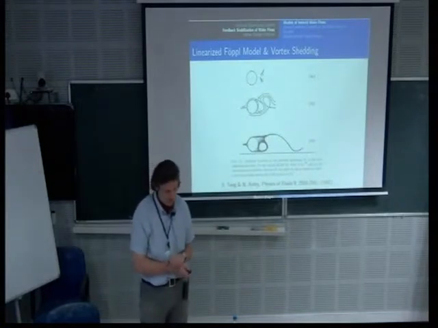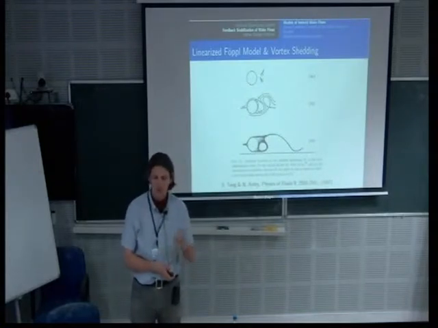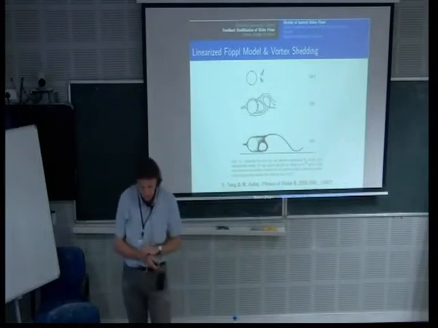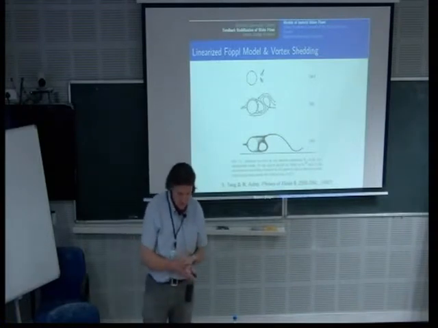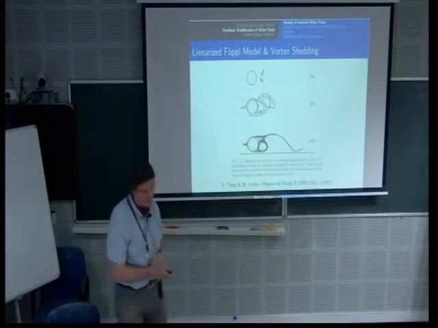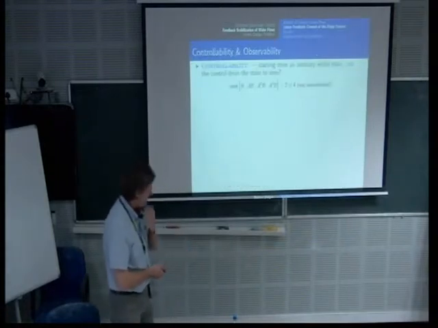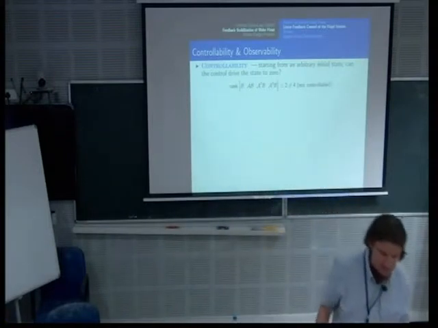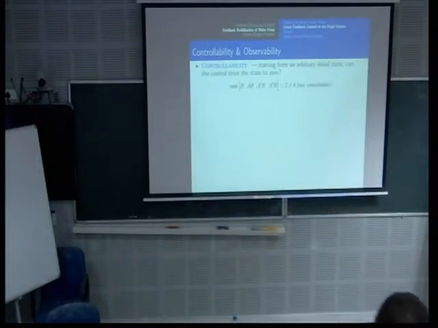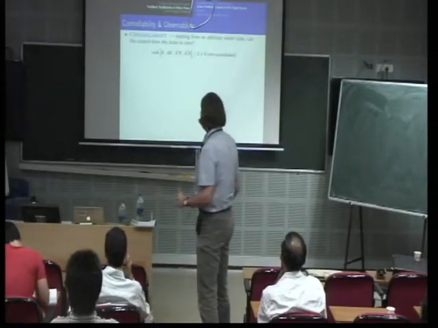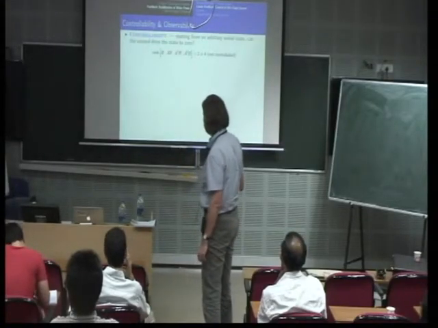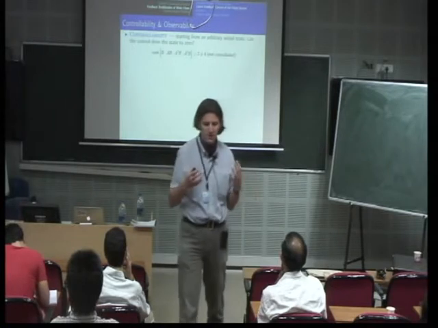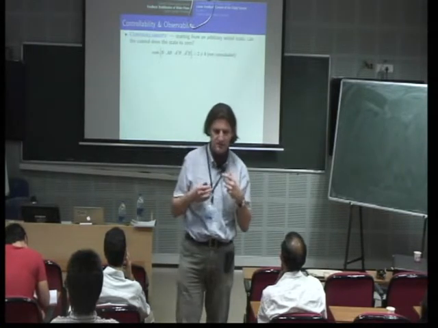And let me emphasize that this model has only 4 degrees of freedom, and for that little cost, it seems to capture a very significant amount of physics. So before we can apply the control theoretic tools, the tools of linear control theory, we need to ensure that the internal structure of this model actually makes it possible.